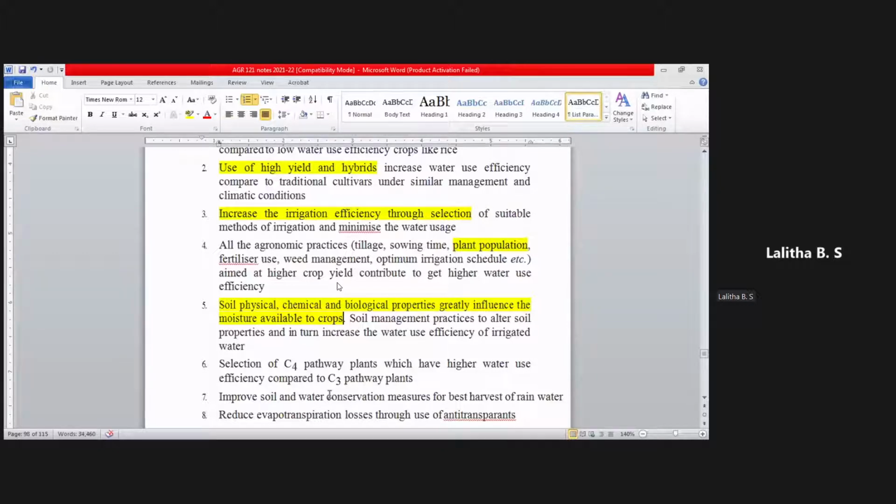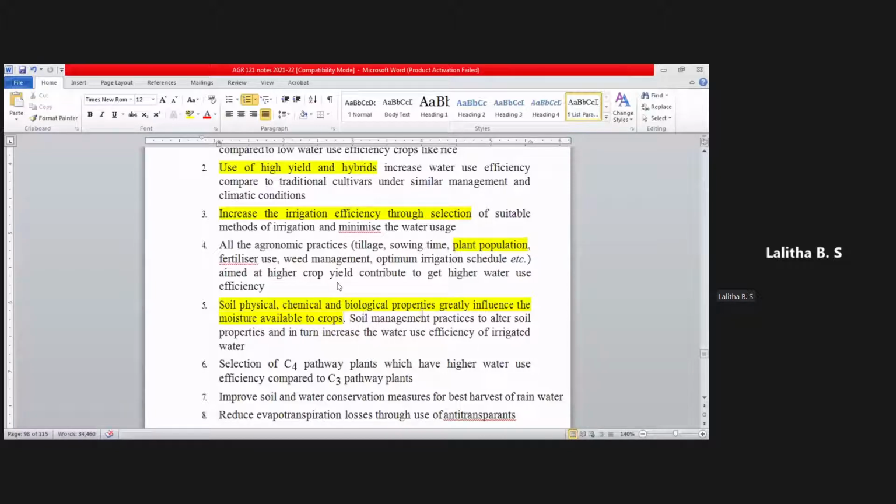Then again, a biological property, like soil should contain more microbes. If microbes are more, automatically the mineralization of whatever organic matter we applied will be good. Then automatically the availability of the nutrients will also be more. So even the biological property, the microorganisms, play an important role in crop production.